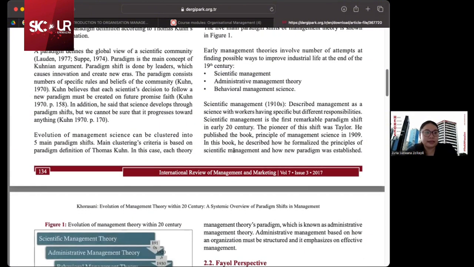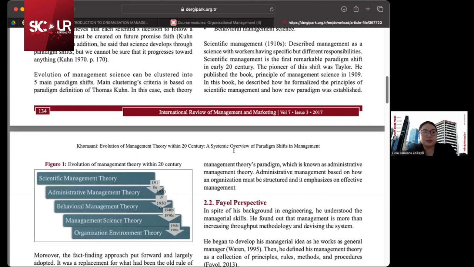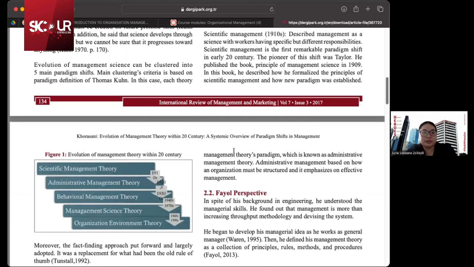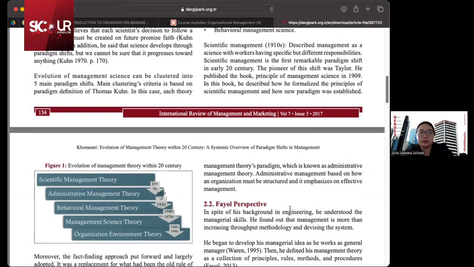We have scientific management theory, administrative behavior, management science, and organization environment theory. But before that, I want you to take a look at the different definitions of management by different scholars.